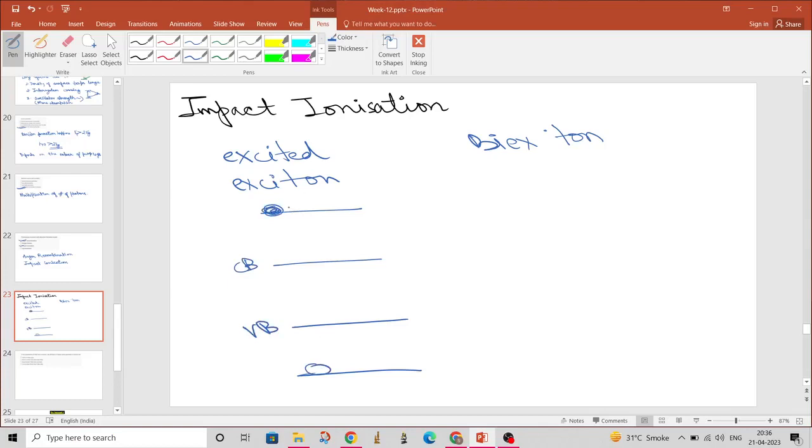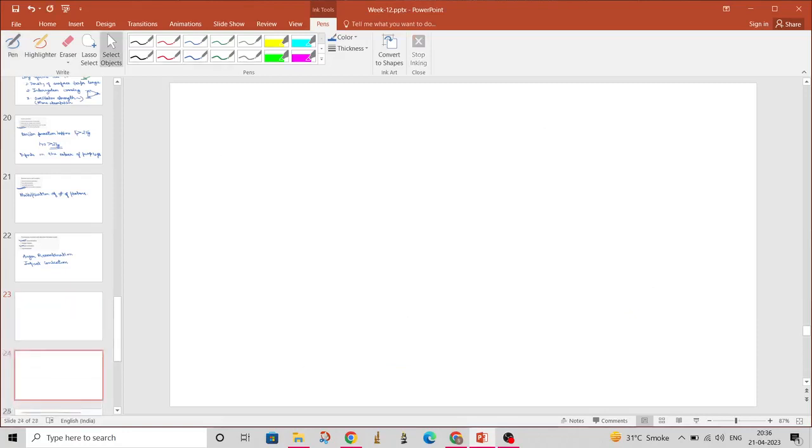So when it comes over here and then again we give a second pump, it will form this one, the bi-exciton. So this process is called impact ionization.